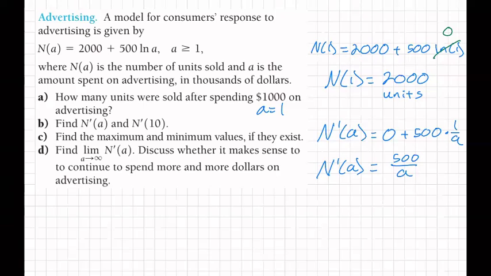Now, what they want me to do is say, what's going on when we spend $10,000 on advertising? We definitely want to pay attention. Is it going up or is it going down? Let's look into this. So N of 10 equals 500 all over 10, which will equal 50.